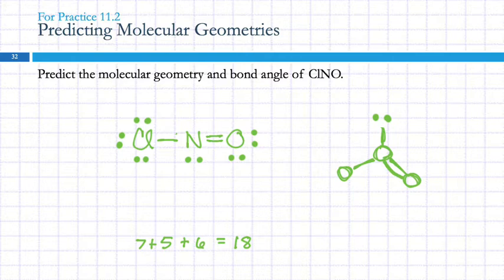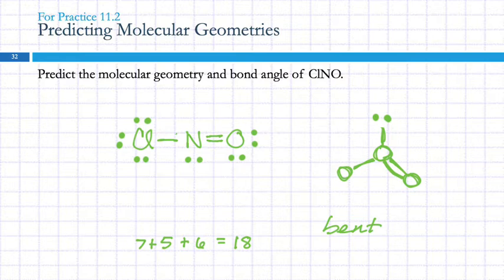So the electron geometry was trigonal planar. What's the molecular geometry? Bent. So this is bent. It's got an angle here, right? And it's asking for the bond angle.